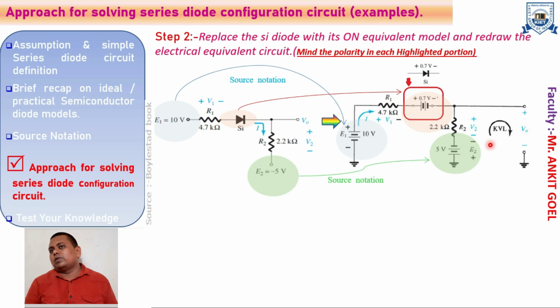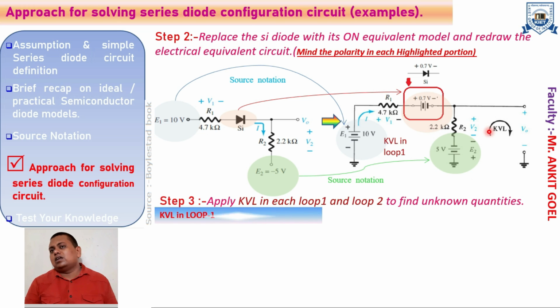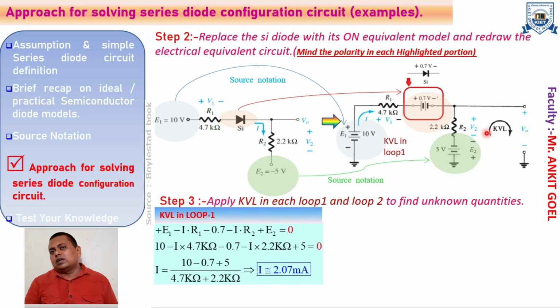Once we get the equivalent circuit, we can apply the KVL in the input loop and the output loop, to find the value of the current and the voltages V1 and V2. If we apply KVL in loop 1, this is the current equation: plus E1 minus I into R1 minus 0.7 minus I into R2 plus 5 equals 0, sorry, plus 5.